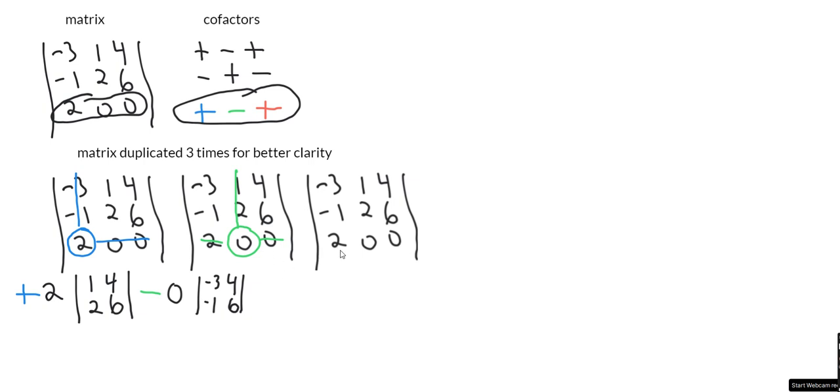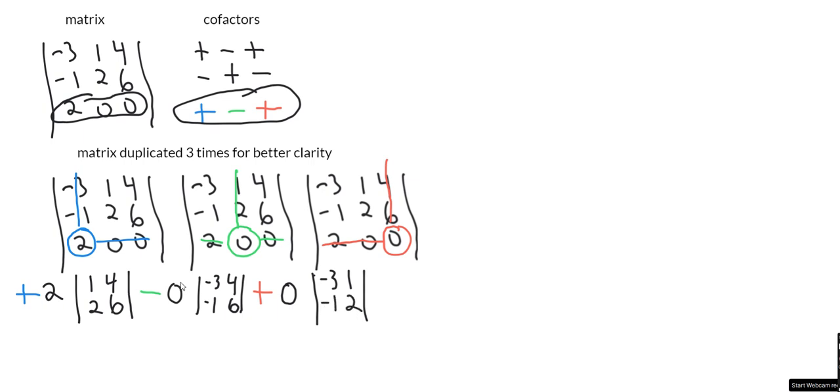Continuing the expansion along the third row, the last one is 0. Cofactor is plus, so plus 0. Let's cross out the row and the column that 0 is in. What's left is negative 3, 1, negative 1, 2.